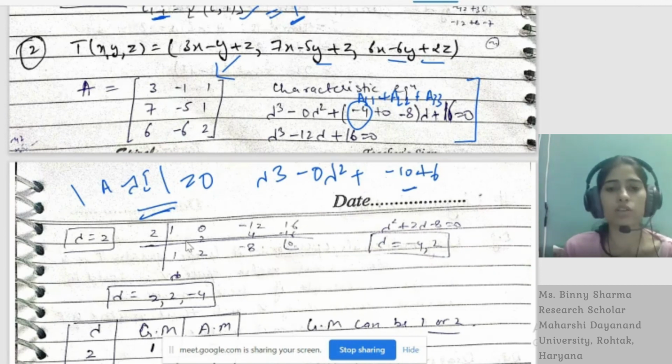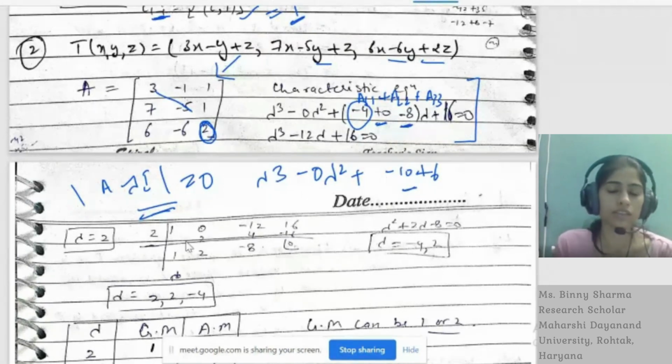Now we have to find the cofactor of the second element, that is the determinant of a minor, which is 0. Similarly, we find the cofactor of A33, that is 3 into minus 5 minus 15 plus 7, that is minus 8.